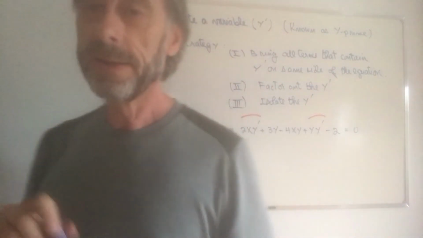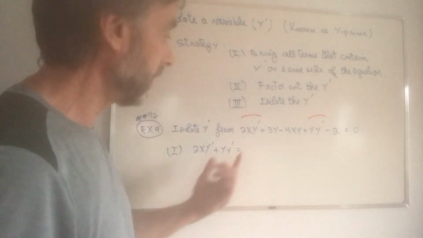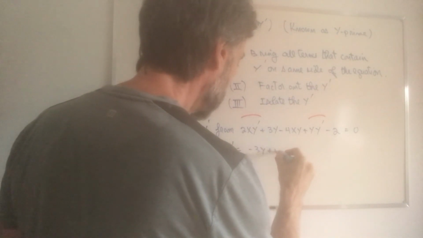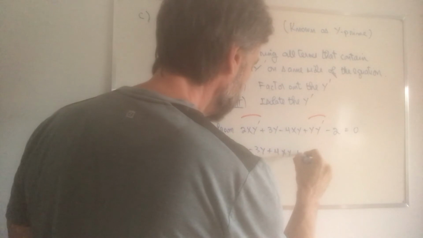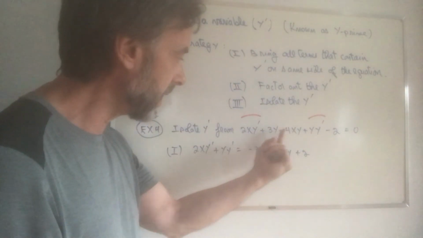Well, by bringing these to the same side, it means by default that we have to bring the other terms to the other side. So minus 3y plus 4xy plus 2. This is what I get by transferring this guy and that guy to the other side. And step one is completed.